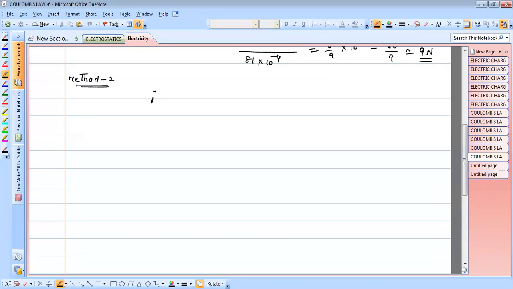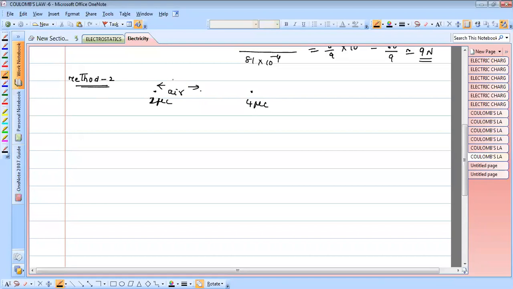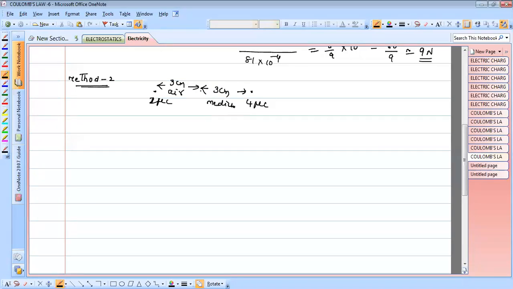Now this is a charge Q1, 2 microcoulomb. This is a charge Q2, 4 microcoulombs. This is the middle I took here. This is the air, 3 centimeter. And this is 3 centimeter in a medium of K equals 4.